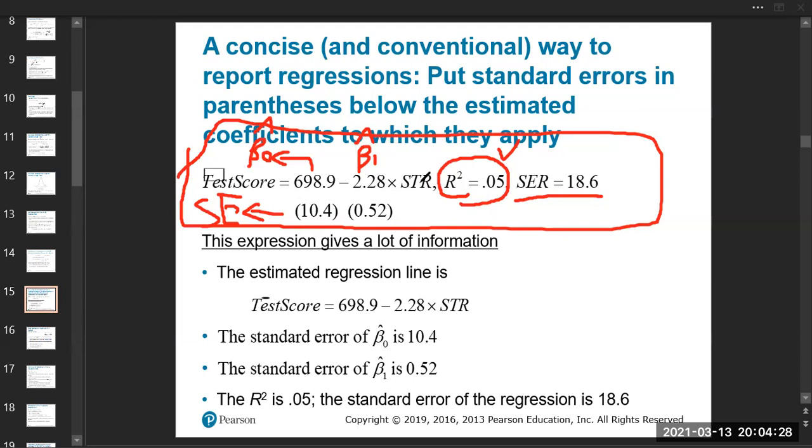So what does R square mean? It means that student-teacher ratio only explains 5% of the variation of test score, or student-teacher ratio explains 5% of the test score variation among the school districts. So where are the rest of the 95%? All the other things are in the error.